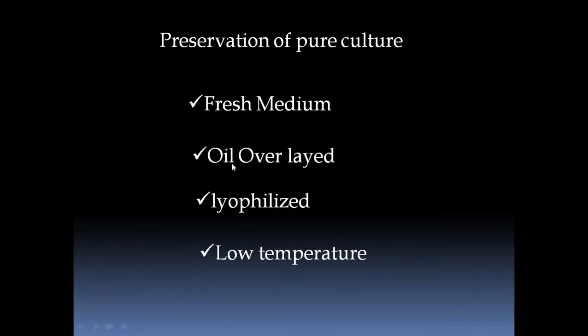So if I grow my colony in a petri dish, or say a test tube, I can make it in the form of a slant, rather than making a tube in a butt form. I can make a slanting position of agar within a test tube, where I have grown my culture.